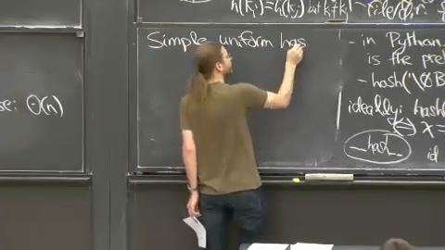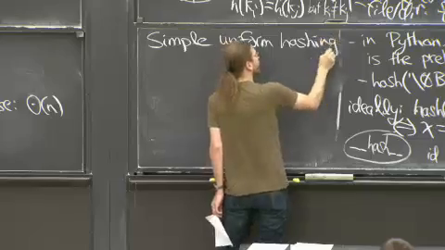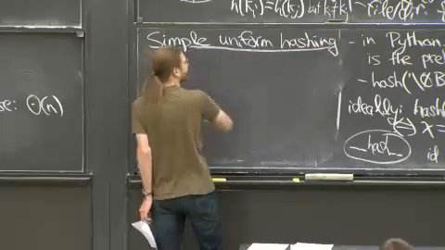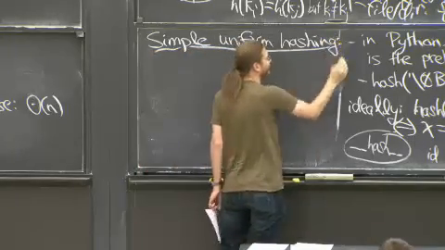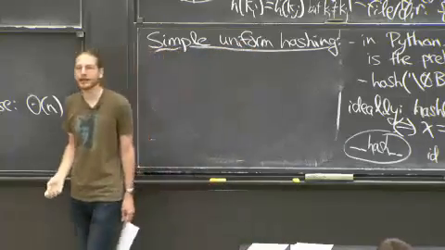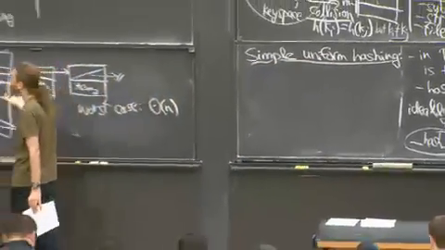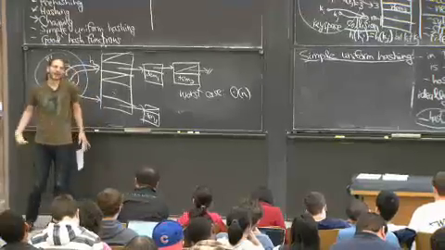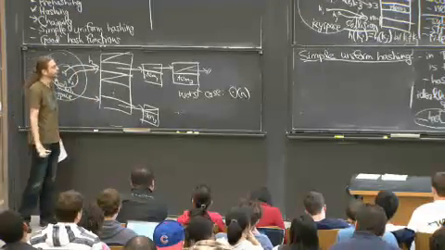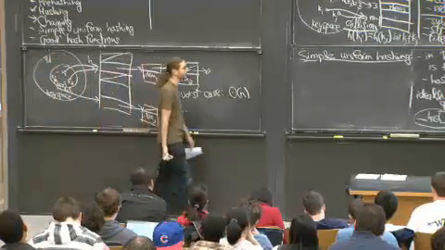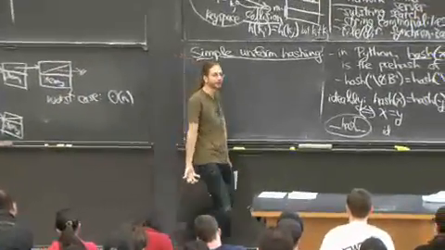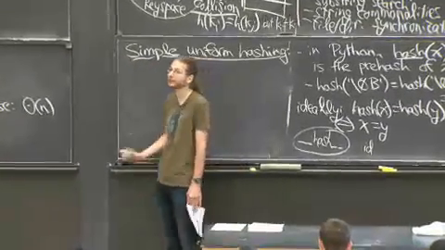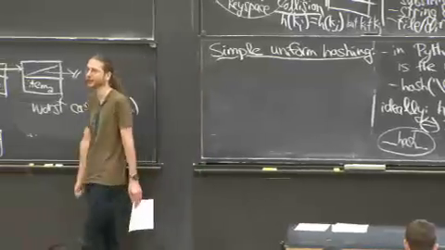This is an assumption. It's an unrealistic assumption. I would go so far as to say it's false. But it's really convenient for analysis, and it's going to make it obvious why chaining is a good idea. Sadly, the assumption isn't quite true, but it gives you a flavor. If you want to see why hashing is actually good, I'm going to hint at it at the end of lecture, but really you should take 6046. Yeah?